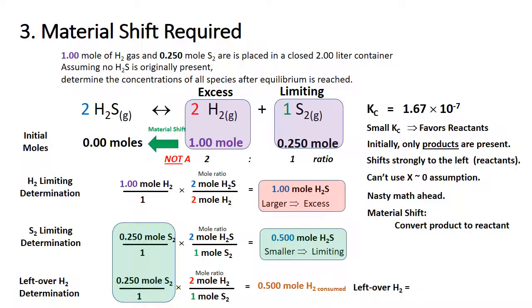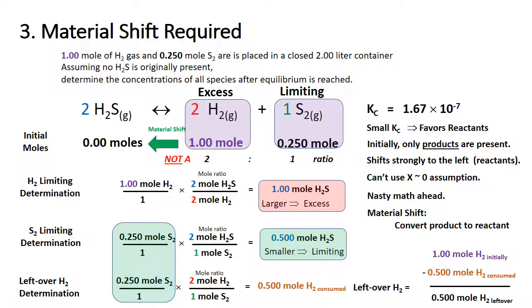What we would really like to know now is how much of it is going to be left over. And again, the arithmetic is very simple, but let's go through it anyways. We started with 1 mole of H2 initially. We know that we're going to consume, as we material shift products over to the reactant side, 0.500 moles of H2, and this is going to give us 0.500 moles of H2 that's left over.